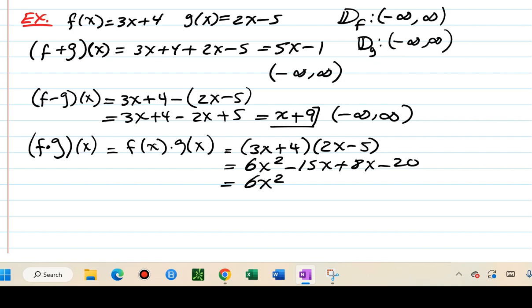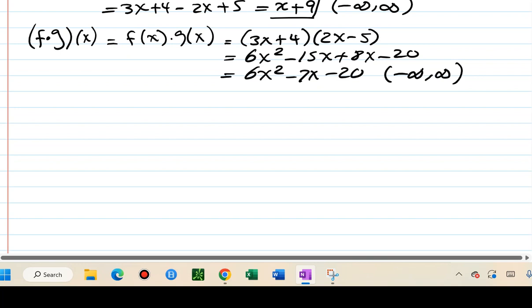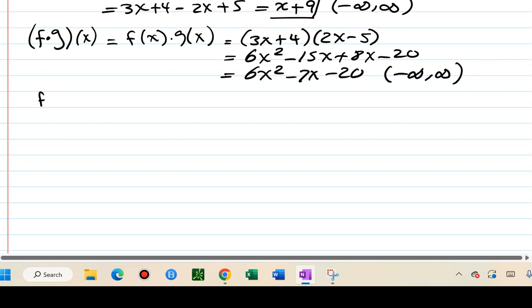And this will give me 6x squared minus 7x minus 20. A polynomial function capable of handling everything, negative infinity to infinity. Notice, by the way, we didn't talk about the range, so our concern is really with domain rather than range here.